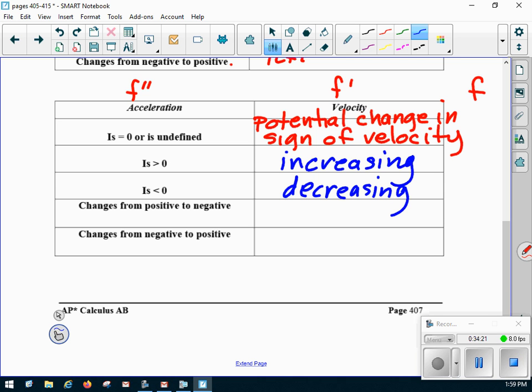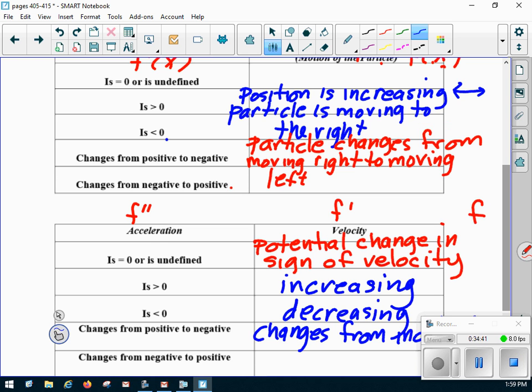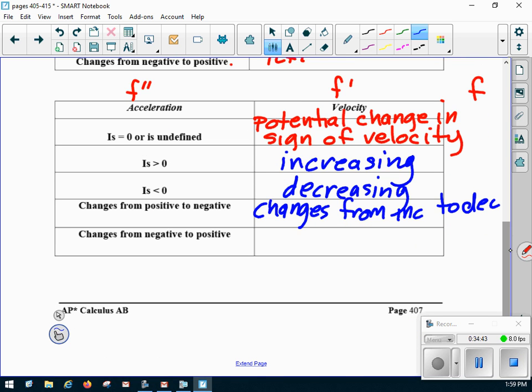What if your second derivative, your acceleration, changes from positive to negative? What does that do for your velocity? Changes from increasing to decreasing. And then you should know the last one. If your acceleration changes from negative to positive, your velocity will be changing from decreasing to increasing.